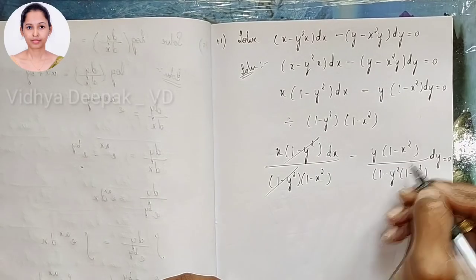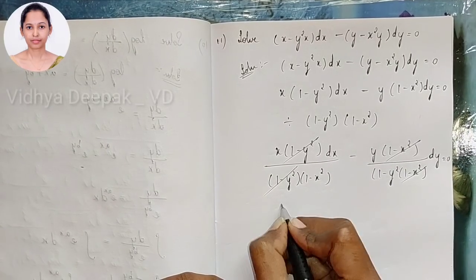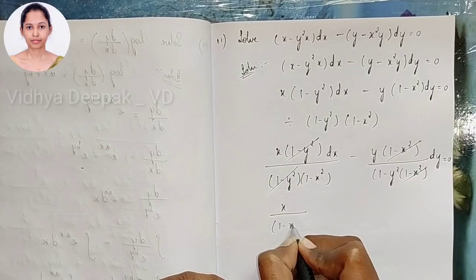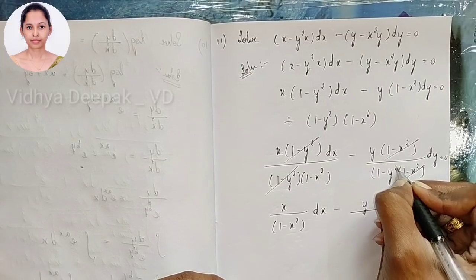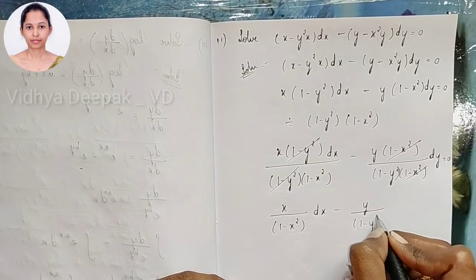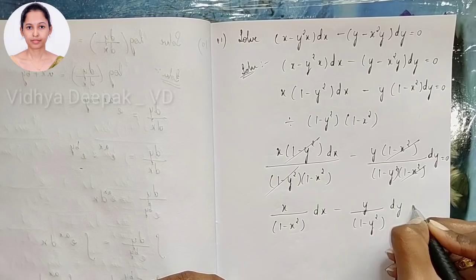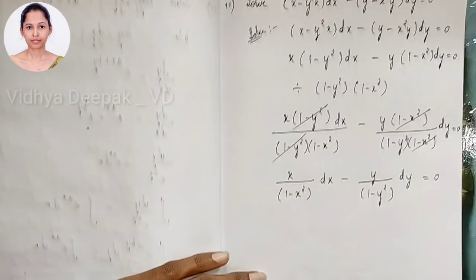Here this and this get cancelled, and here this and this get cancelled. You are remaining with x/(1 − x²) dx minus y/(1 − y²) dy is equal to 0.